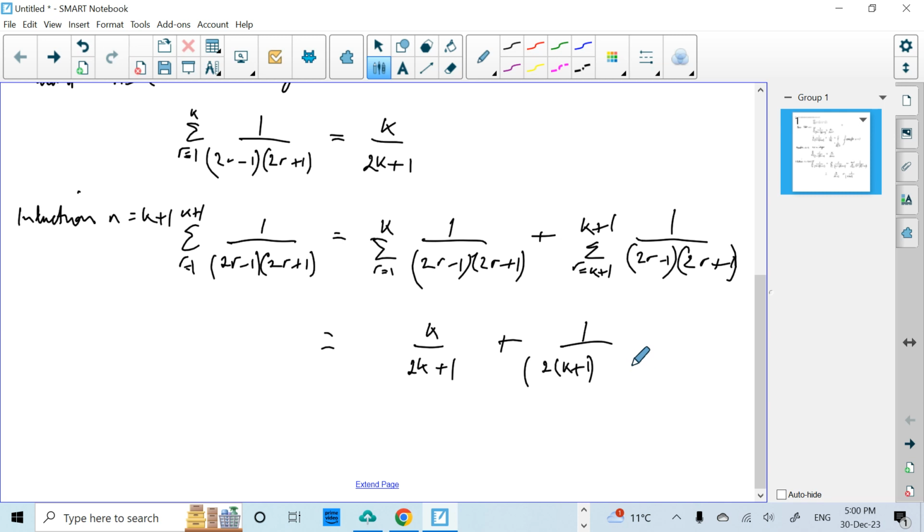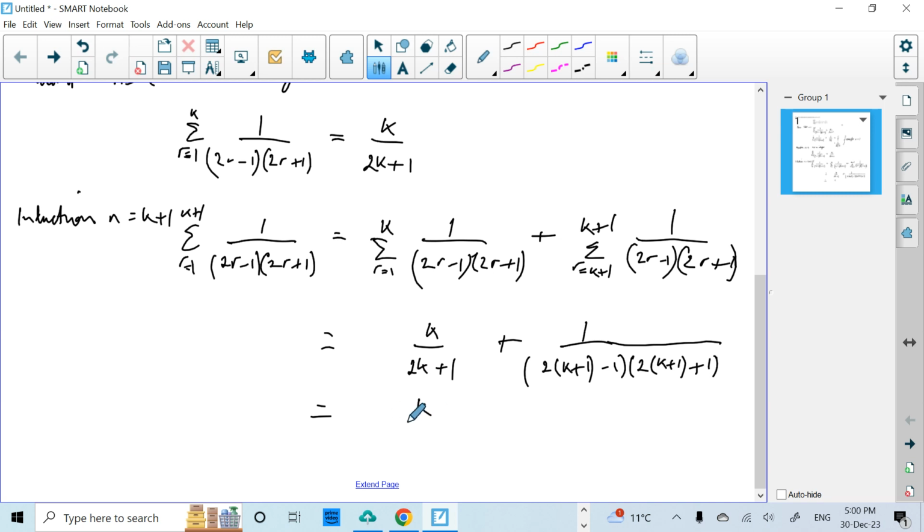I'm going to substitute k plus 1 for r, and then minus 1, close brackets, and again multiplied by 2r plus 1, and of course r is again k plus 1, so 2 brackets k plus 1, all in real time, apologies, and then plus 1, and close brackets. And yes, let's tidy up.